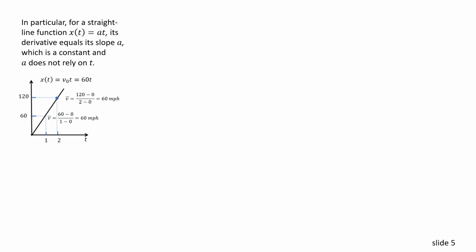Now, let's do a little review of what we just saw. In particular, for a straight line function, x(t) equals at, its derivative equals its slope a, and a is a constant, does not rely on t. Now, how about this quadratic function, x(t) equals a t squared? By the way, quadratic functions are functions that are second order polynomials.